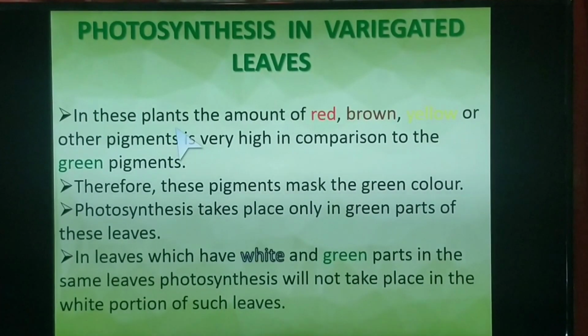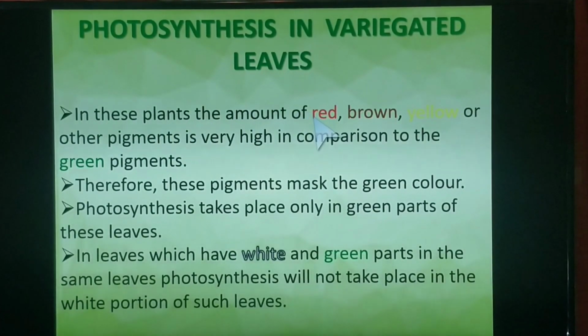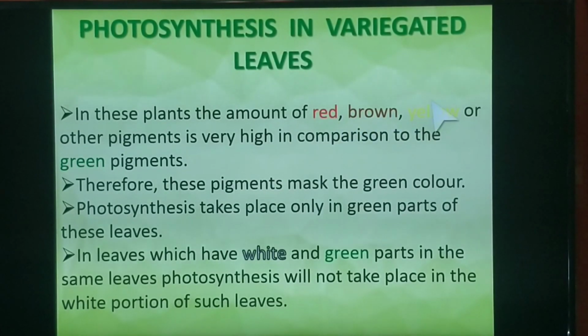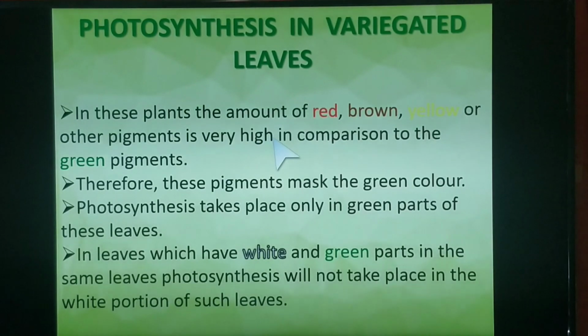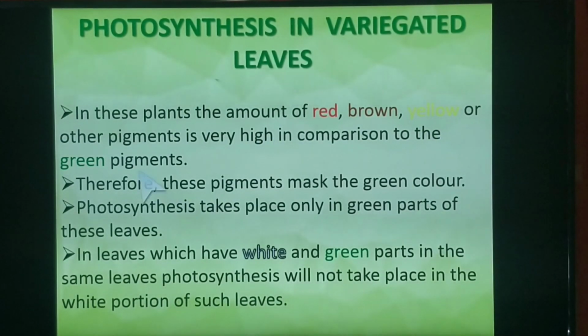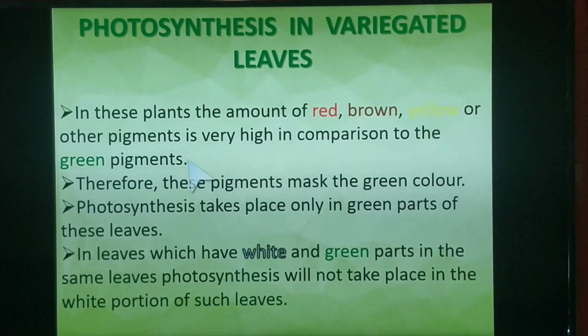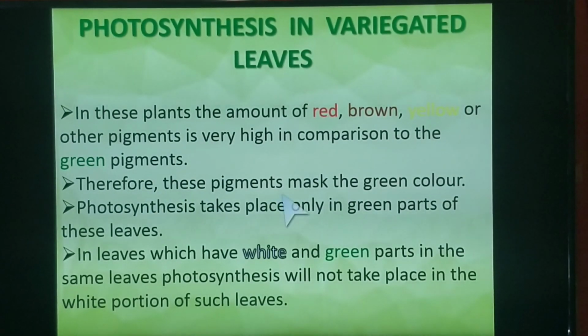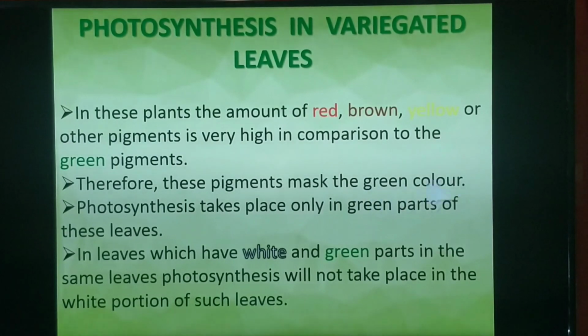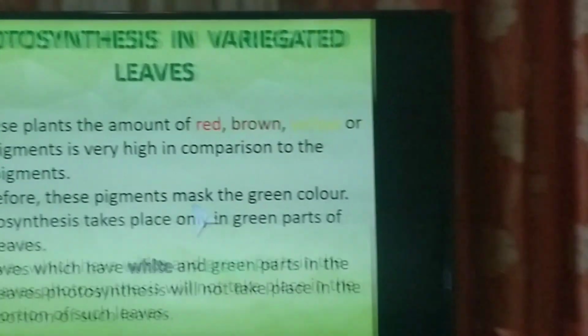In these plants, the amount of red, brown, yellow or other pigments is very high in comparison to the green pigment or the chlorophyll. Therefore, these pigments mask the green color. What is the meaning of mask?